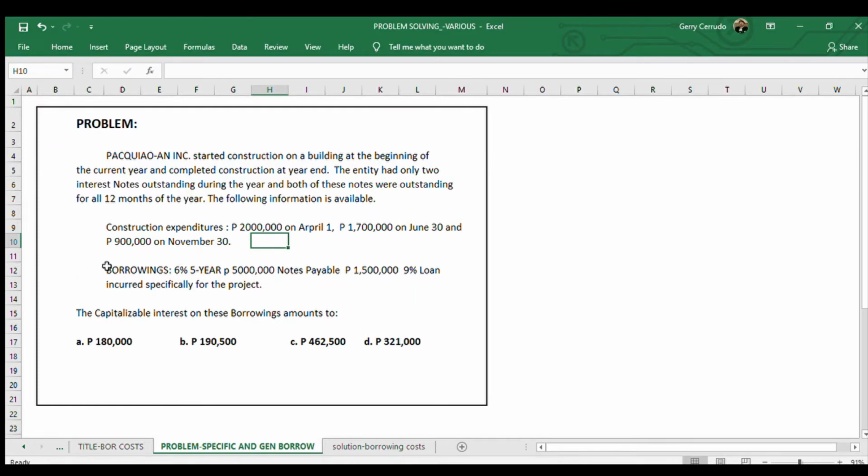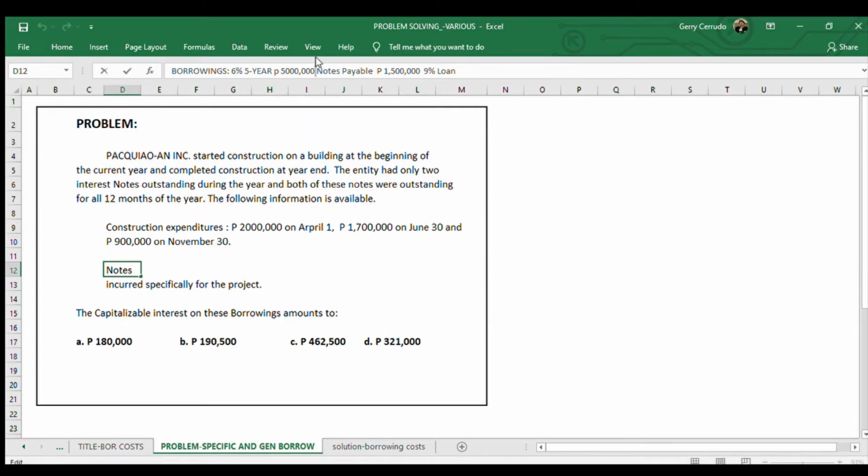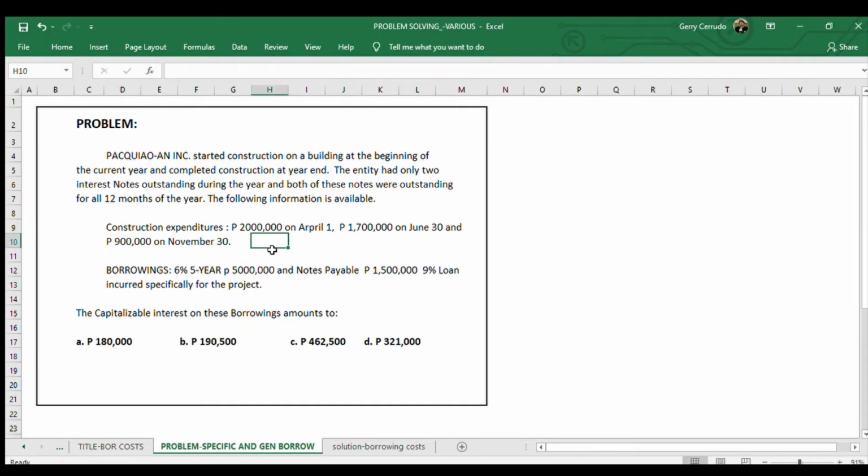Yung hindi binabanggit for any reason, yan ang tinatawag na general borrowing. Okay? So, ang question, anong capitalizable interest in this borrowing? So, what will be the addition to the total cost of construction?